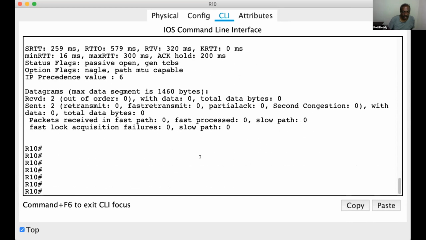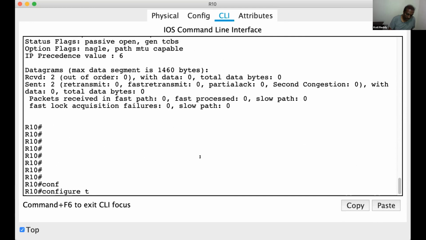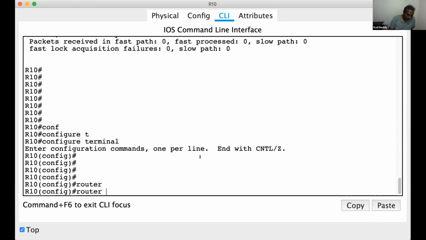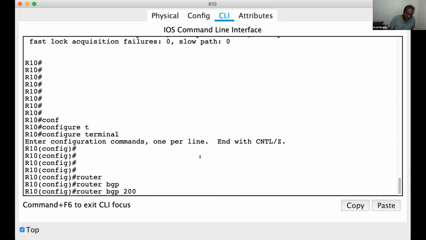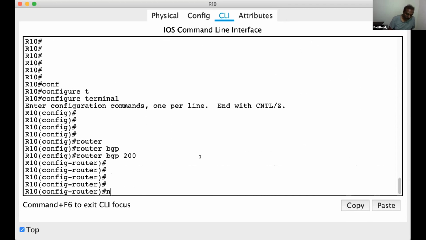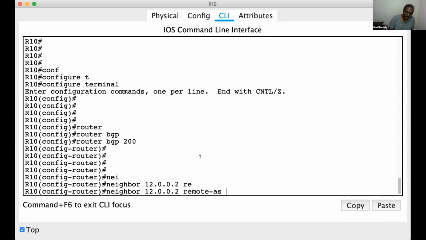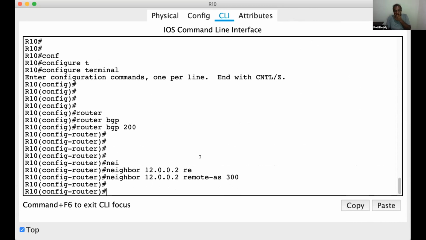So what do I do in R10? I say configure terminal. I say router BGP 200. Your neighbor is 12.0.0.2. The remote AS to which it belongs is 300. That's what I do on R10.